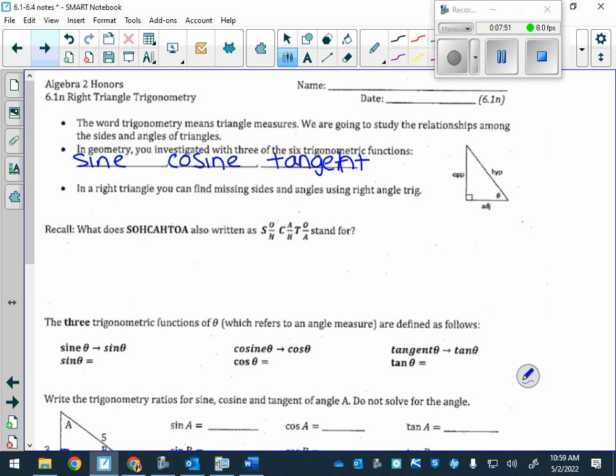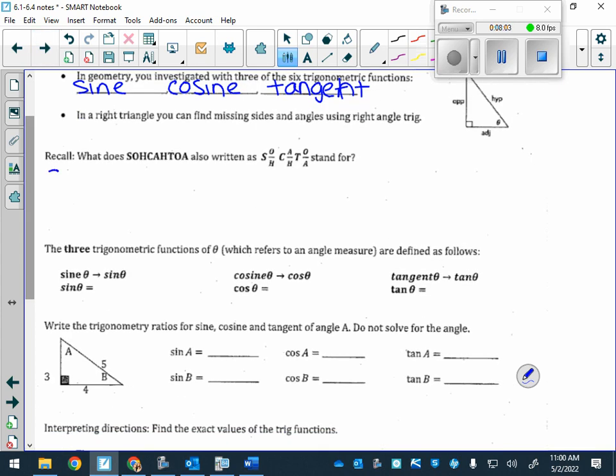Okay, so we have our right triangle that we're going to find missing sides, missing angles using right triangle trig. All right, so just to recall, sine, what does O over H stand for? Go ahead, Andrew.